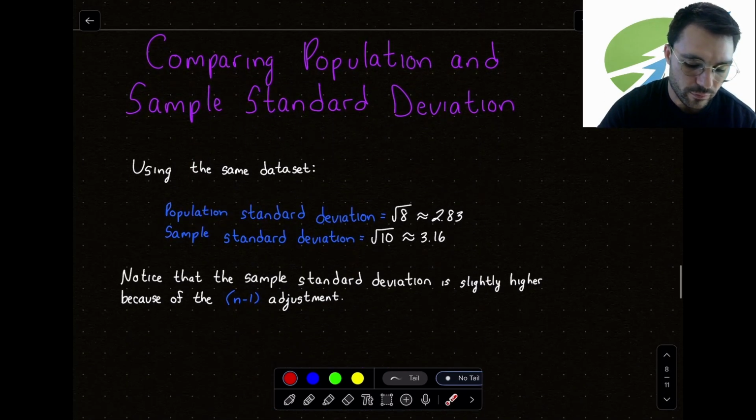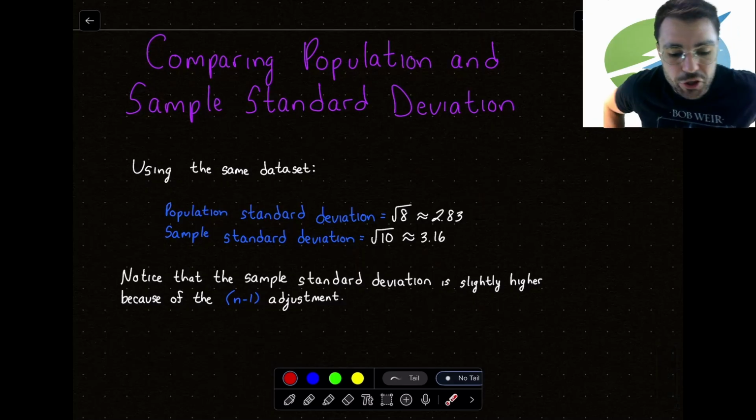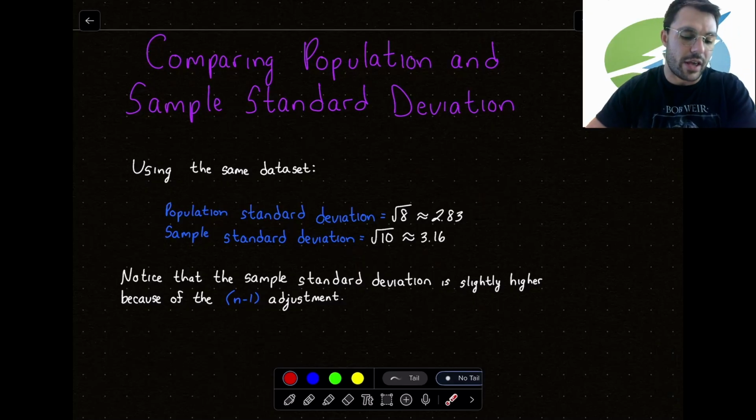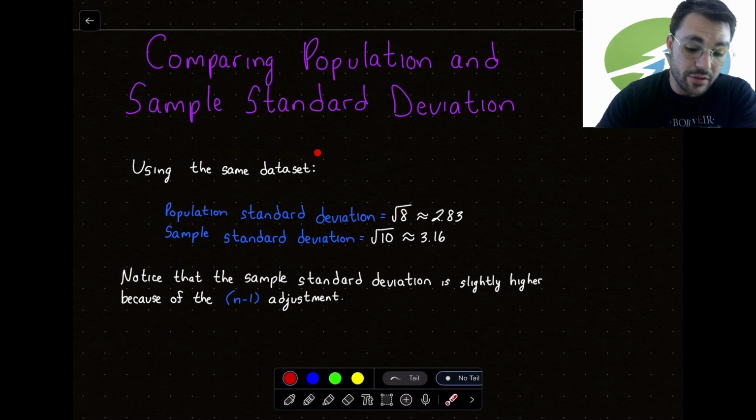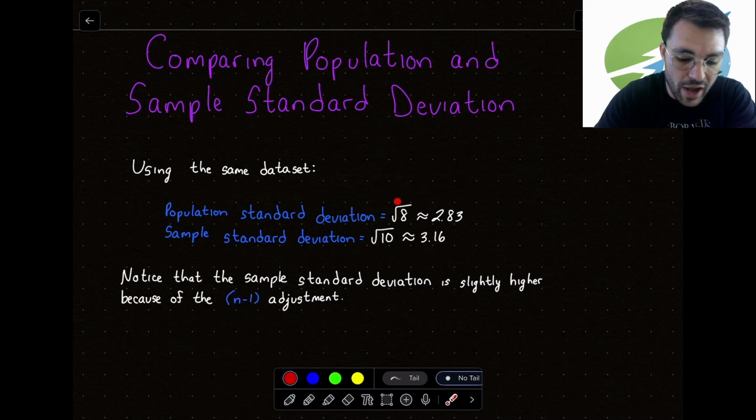Okay. So just comparing the two, population versus sample standard deviation, using the same data set. We used the same exact data set for the population standard deviation in the previous video. We got square root of 8, which is about 2.83. For the sample that we just did with the same data set, we got root 10, which is approximately 3.16.